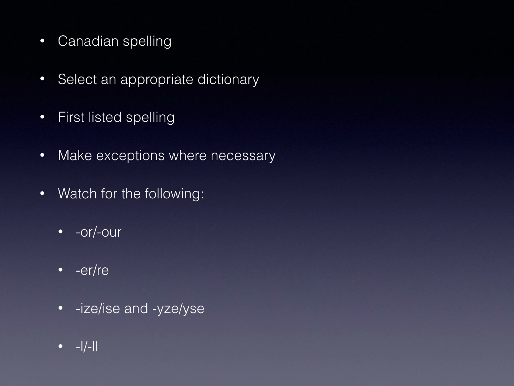You will see immediately that the US adopts more of the OR endings, whereas Canada and Britain tend to go with the OUR ending. You'll also see that Canada and Britain tend to go with the RE ending, whereas the US tends to go with the ER ending.